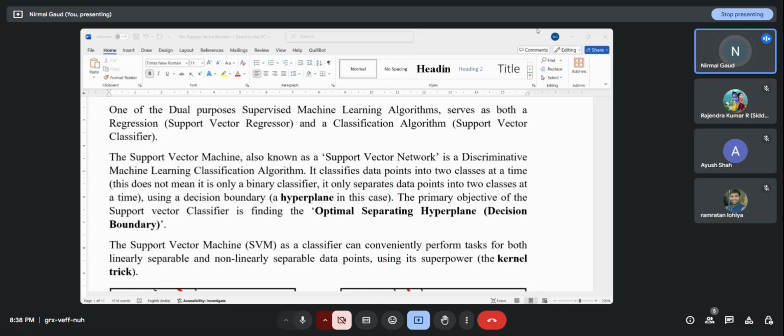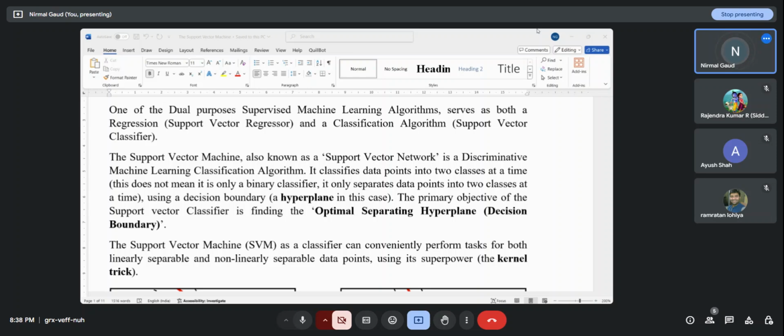In this algorithm, as per my previous lecture, I explained we have a hyperplane, considering classification as our first problem. Hyperplane, or I would say a decision boundary that separates between classes.